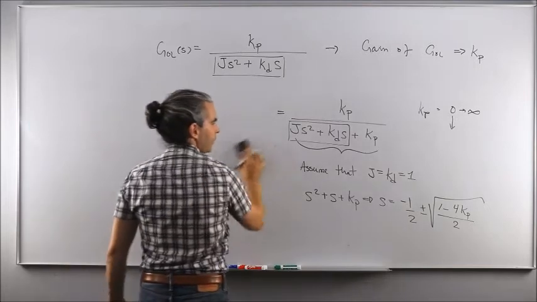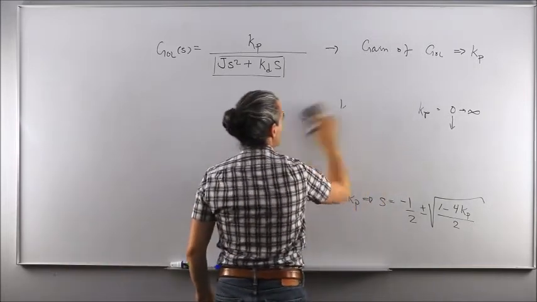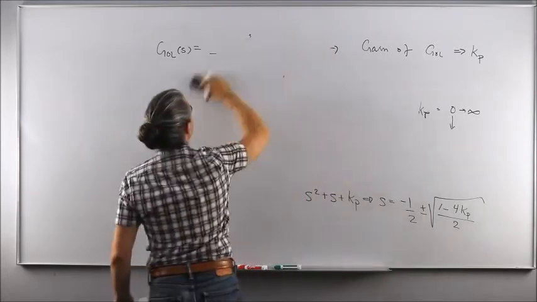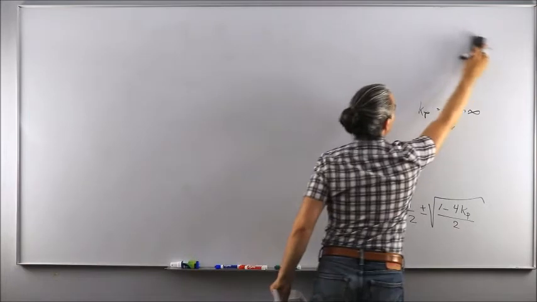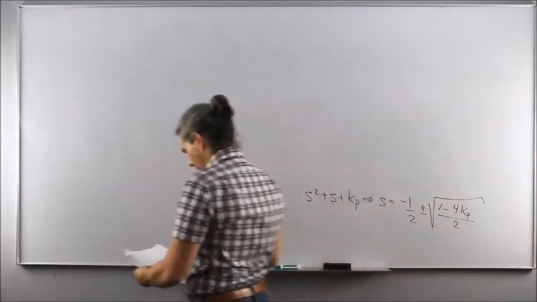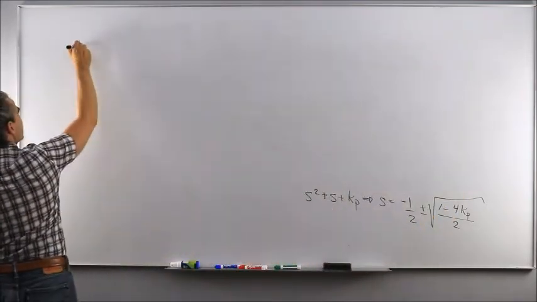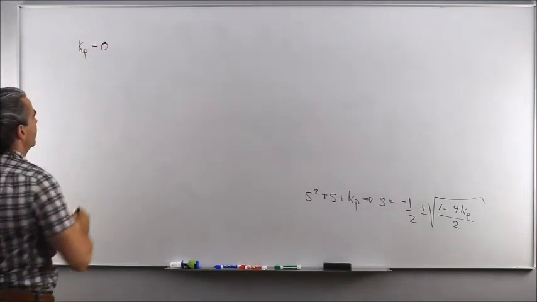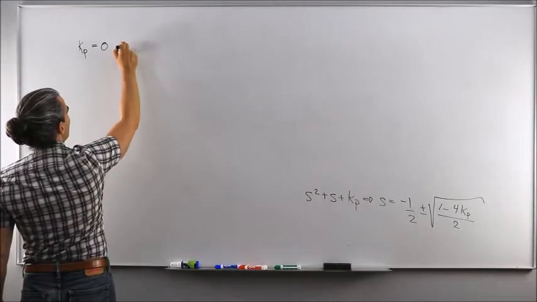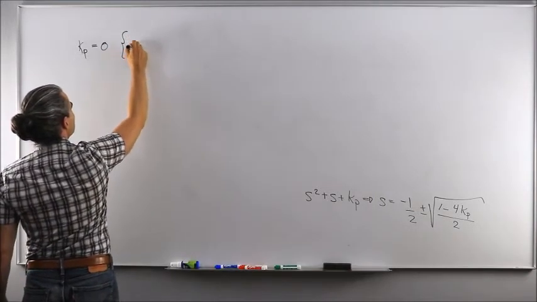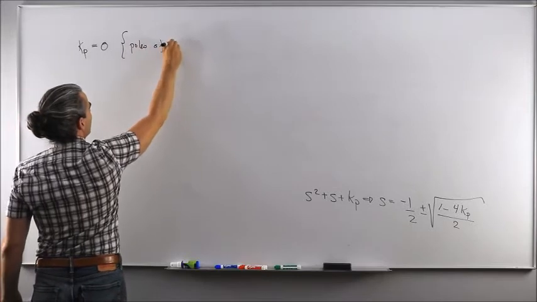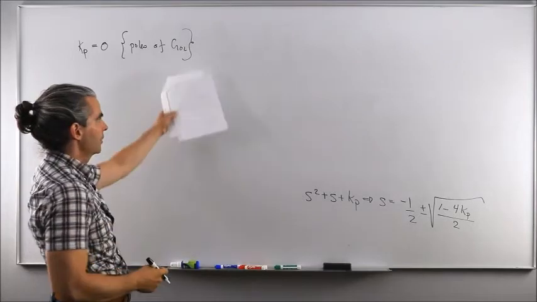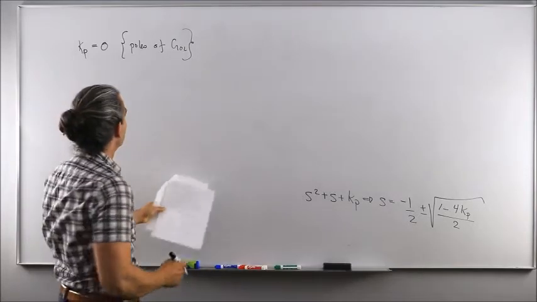So let's have a more detailed look at the pole locations here. Specifically, let's look at what would happen if Kp is equal to 0. If Kp is equal to 0, what you're essentially calculating is the poles of the open loop transfer function, as I just mentioned and demonstrated by comparing G open loop with G closed loop.